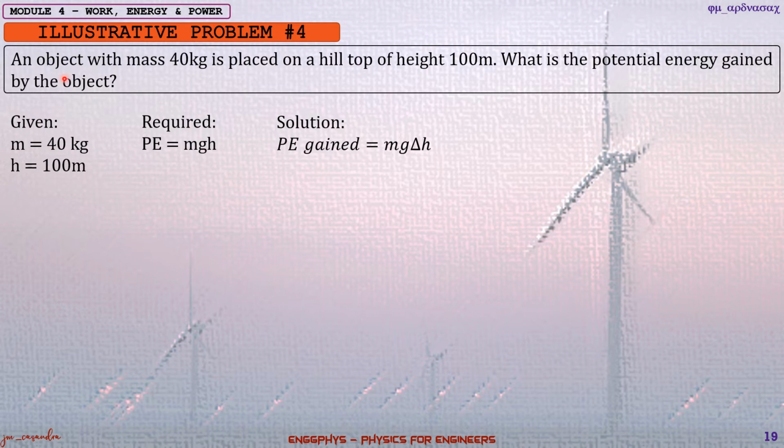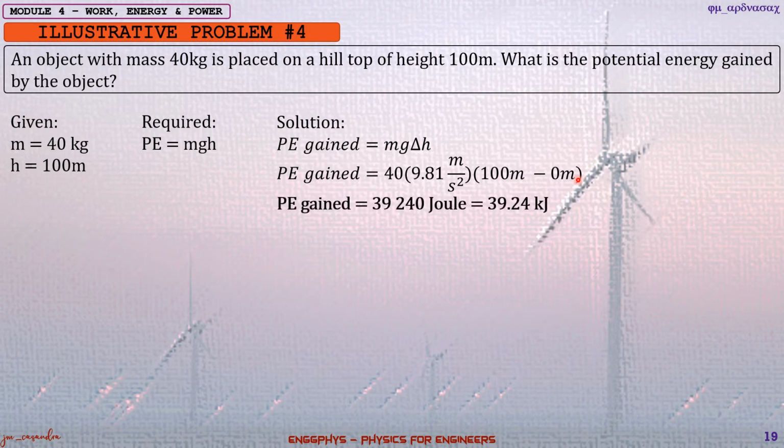So substituting all of our given, we'll have the gained potential is equal to 40 times 9.81 times 100 minus 0. So we're assuming that the object was from the bottom of the hill moving to the top. And it is a gained energy, so therefore it should be moving up, or the change in the height should be a positive delta. Okay?